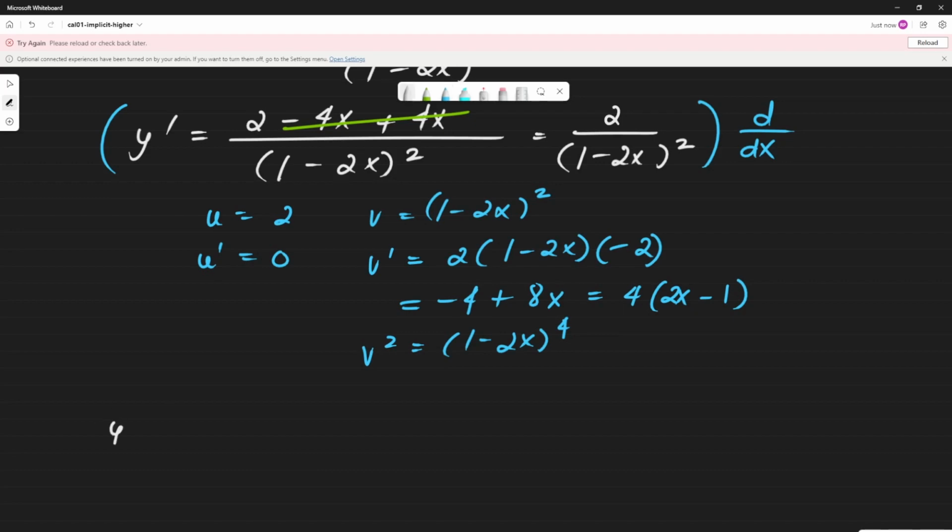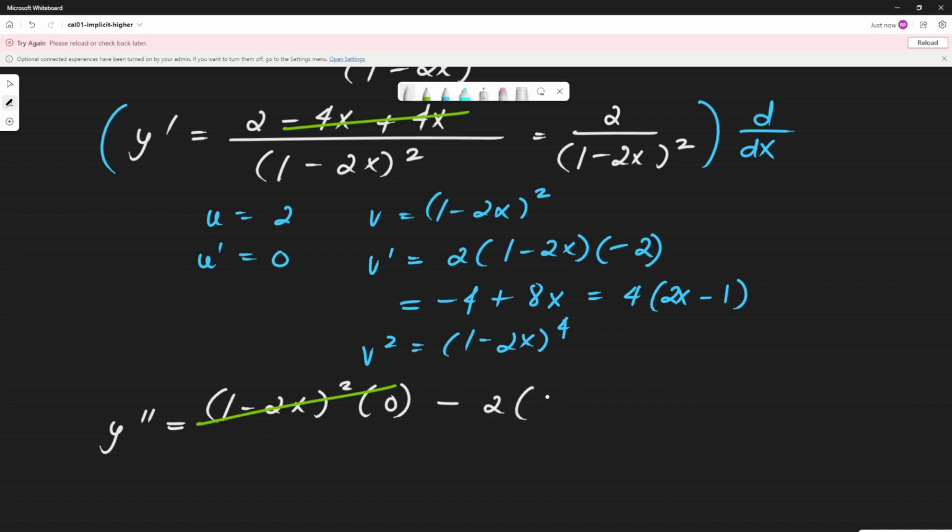So, we'll have y double prime is equal to vu prime. So, ito yung ating 1 minus 2x quantity squared. So, we have 1 minus 2x quantity squared. Okay, what is our u prime? That is 0. So, eventually, magka-cancel out lang yan. Then next, we have minus uv prime, no? So, we have u is 2.